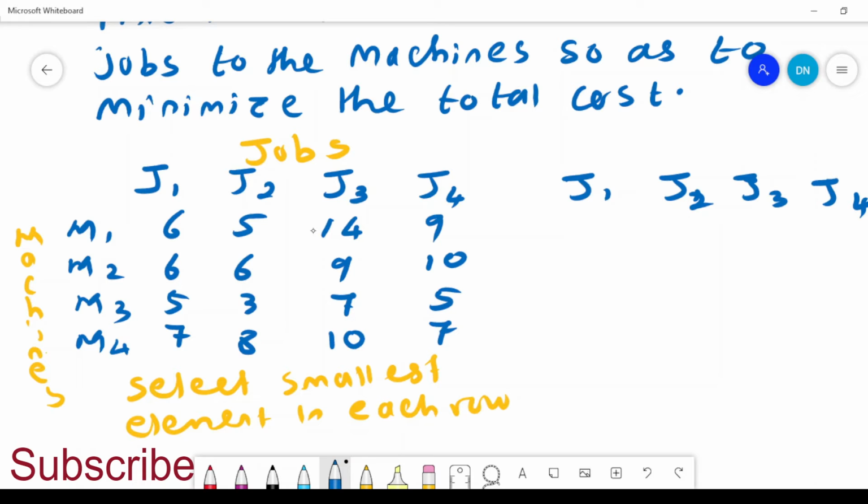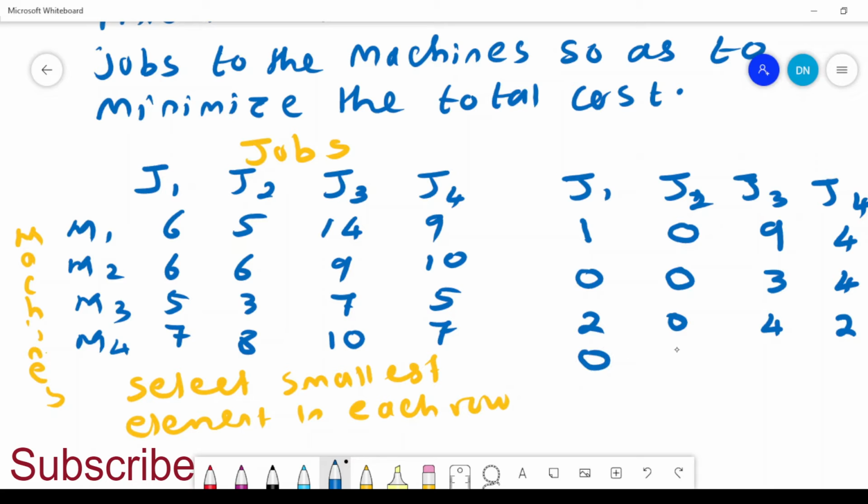So for the first one, the smallest is 5. So 6 minus 5 is 1, 5 minus 5 is 0, 14 minus 5 is 9, and 9 minus 5 is 4. The smallest is 6, 6 minus 6, 0, 3, and 4. And for the third one, the smallest is 3, that is 2, 0, 4, and 2. The smallest is 7, so it's 0, 1, 3, and 0.